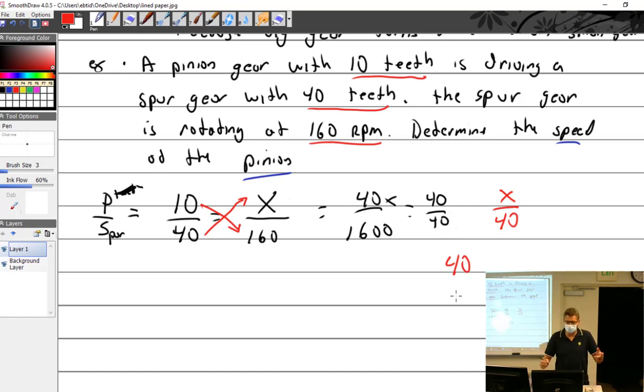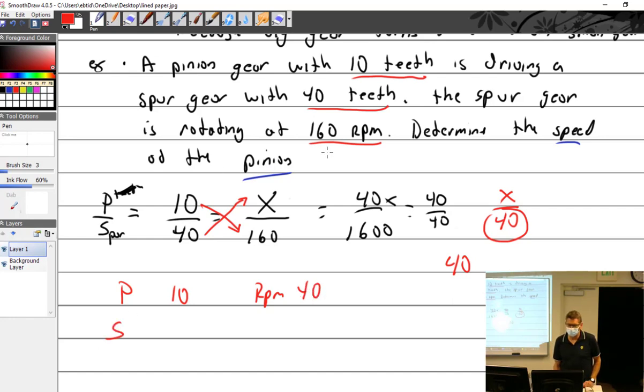40. Okay, now let's think this through. The pinion gear with 10 teeth is rotating at 40 RPM, right?